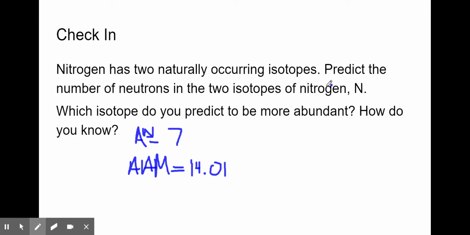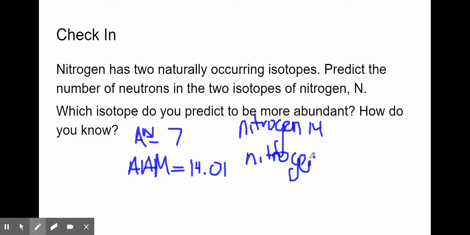It says it has 2 naturally occurring isotopes. They're typically pretty close to that mass there. So we're going to say that we have a nitrogen-14, okay, and nitrogen-15. Stick my hyphens in there, okay? So nitrogen's average atomic mass is 14.01. We found that on the periodic table.